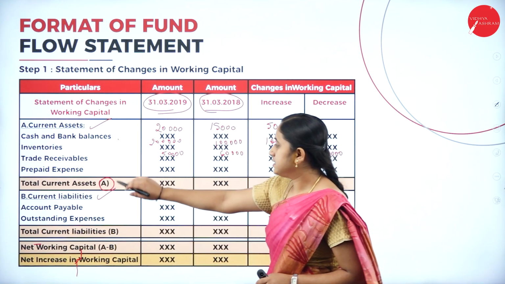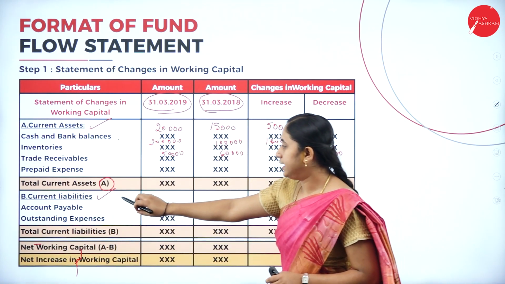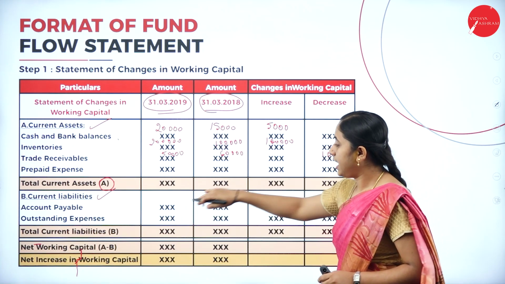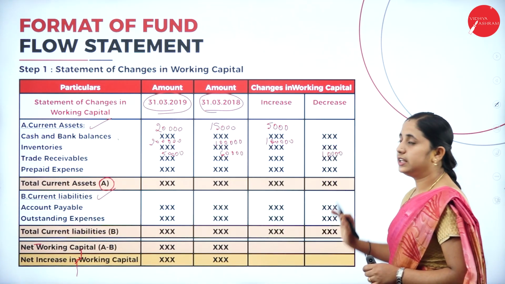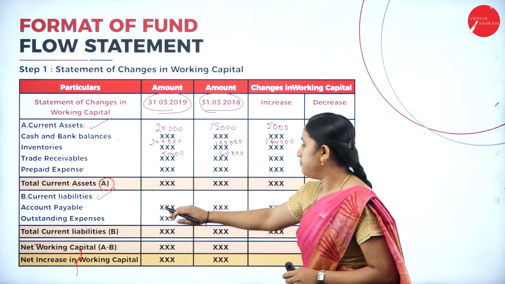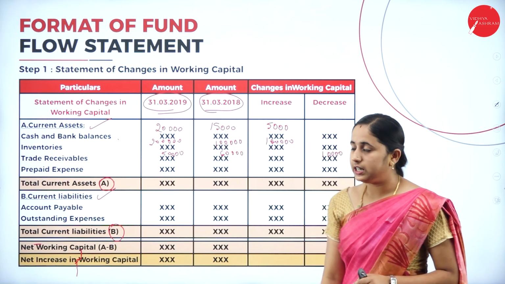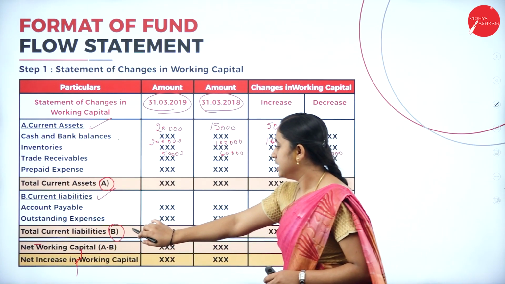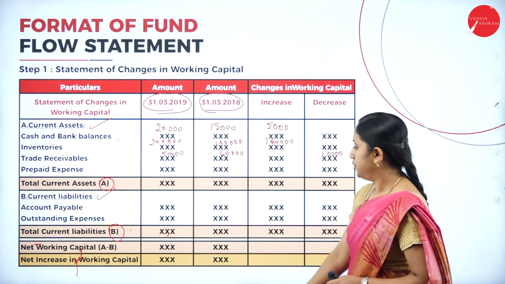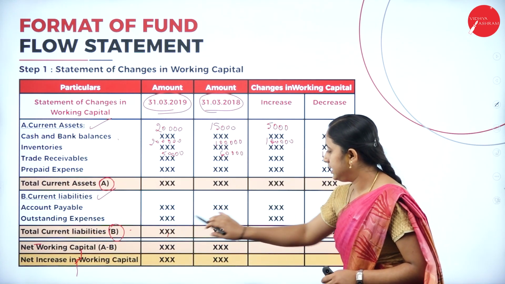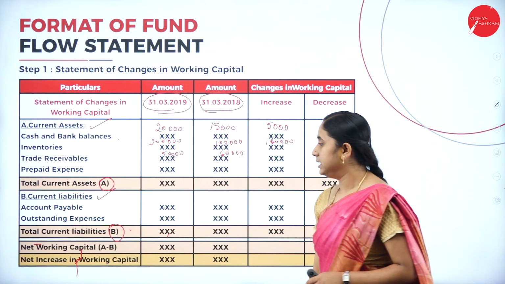Next, in a similar way, do it for the current liability. So write all the current liabilities, current year and previous year. Compare current and previous year. Just write the increase or decreases. Then make a total of current liability, that is total current liability, that is B. So A, B, total current liability, current year and previous year, total increase and total decrease.